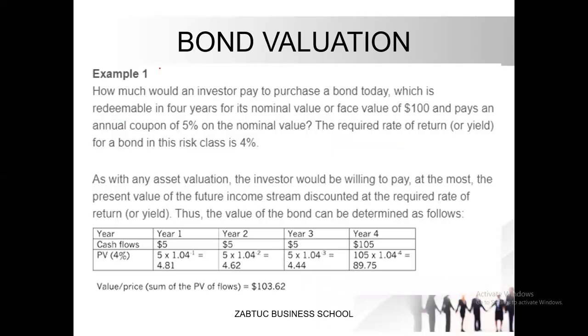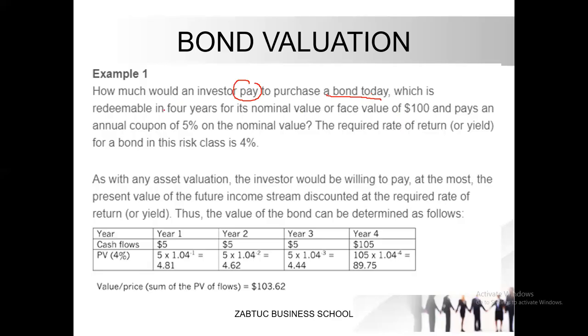So then, there's a small example here. Please have your calculators ready so that, like we did last time, you keep on confirming these figures. How much would an investor pay to purchase a bond today, which is redeemable in 4 years' time?